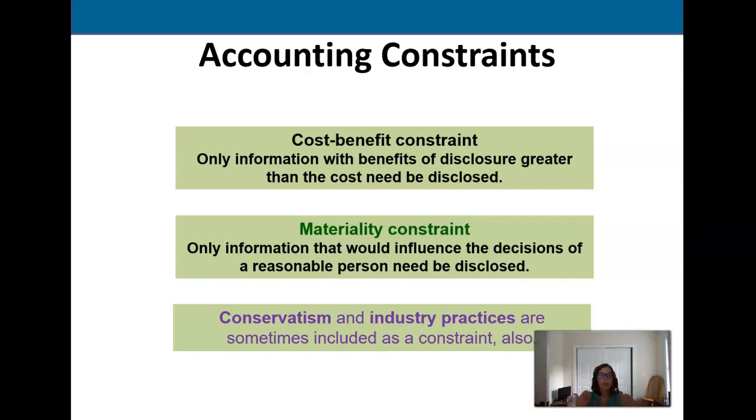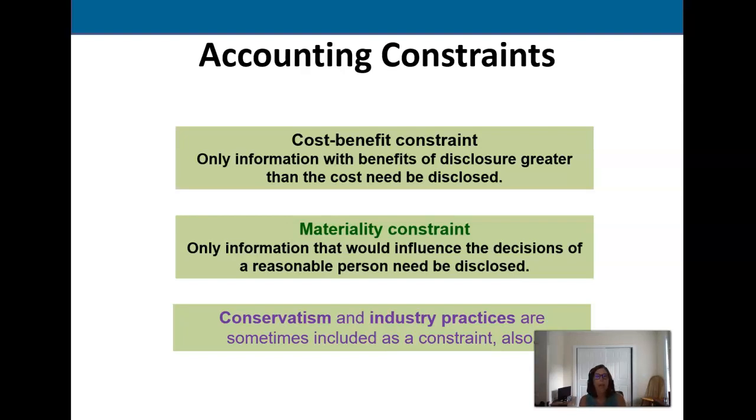We want to keep in mind this principle that we want to be conservative in how we report. So we don't want to overinflate and give pie in the sky figures. We want to maintain a high level of conservatism as we're preparing these documents.